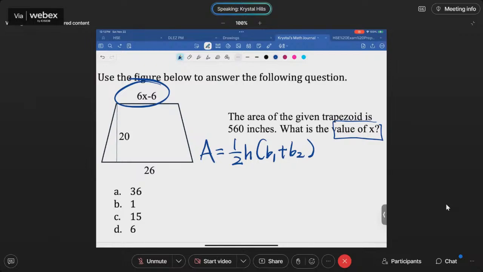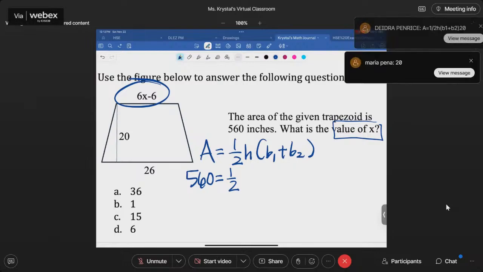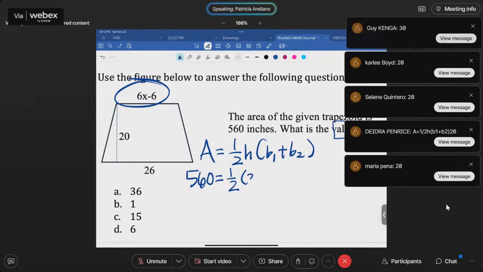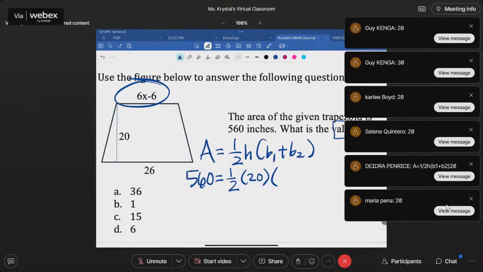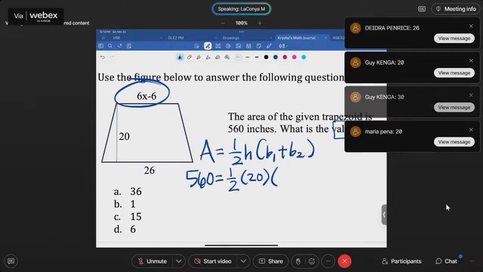So our area is 560 equals 1/2. What's our height? 20. And half is 10. What's our base 1? 6x minus 8. 26.